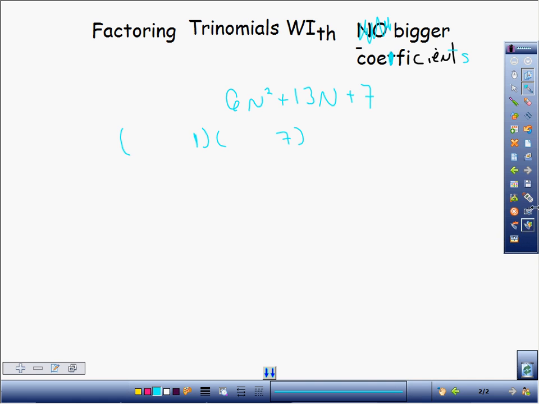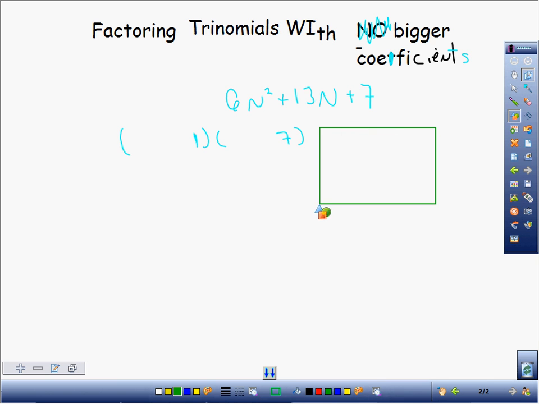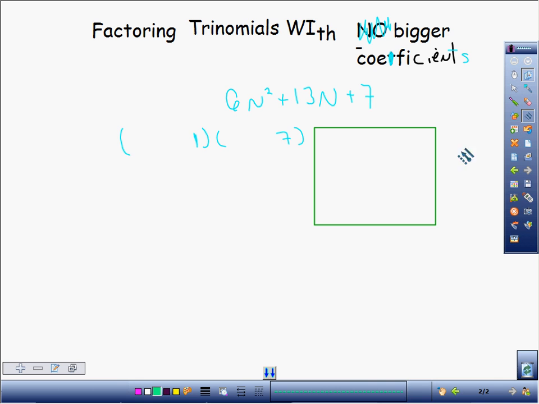So another way to think about it is to draw a box, okay? And if you're good at doing math in your head, you can just do the box method. So I'll show you this way, and then I'll show you the cross and box method, okay? What you're doing with the box method is going backwards.